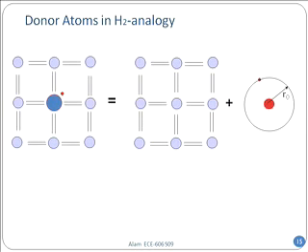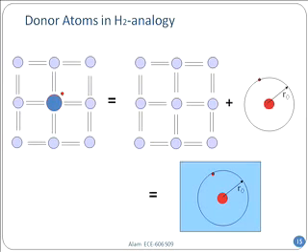Now, let me assume at this point, and I'll prove that assumption in a second, that this extra electron can be viewed as swimming in the background of silicon atoms.